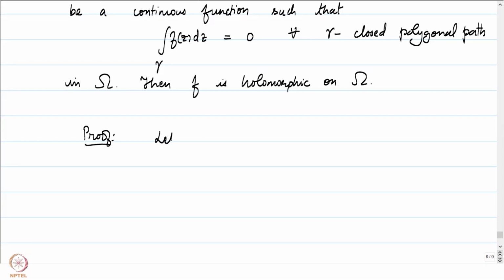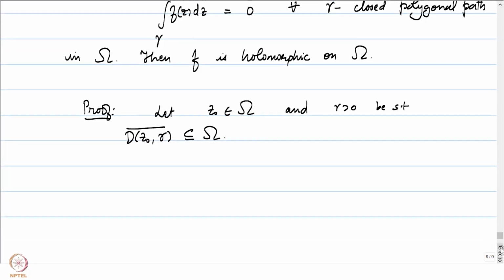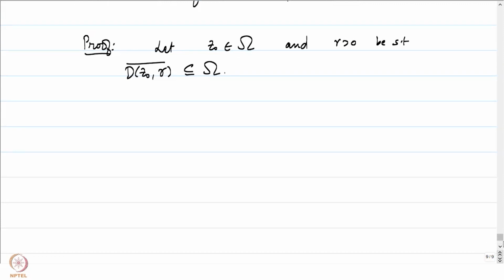So let z0 be some point in omega and r greater than 0 be such that the closed disk D(z0, r), maybe the bar is contained in omega. And we will focus our attention entirely on D(z0, r).